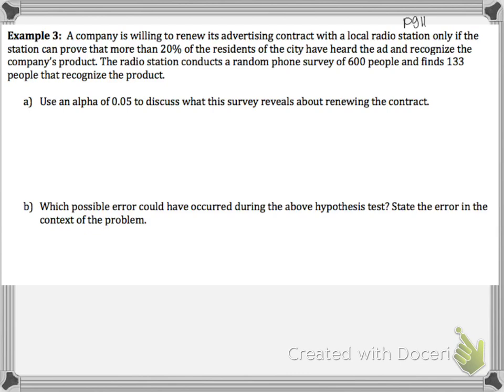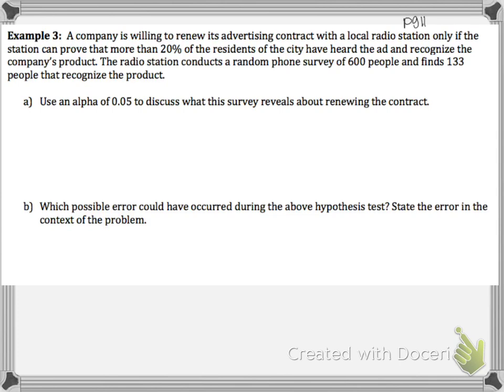Okay, so let's read through carefully because we need to decide which kind of test this is. Remember, we now know 2 kinds of tests. One is the t-test, which happened on means, and the other one is the test on proportions. So we need to discuss which one this is based on what's provided.